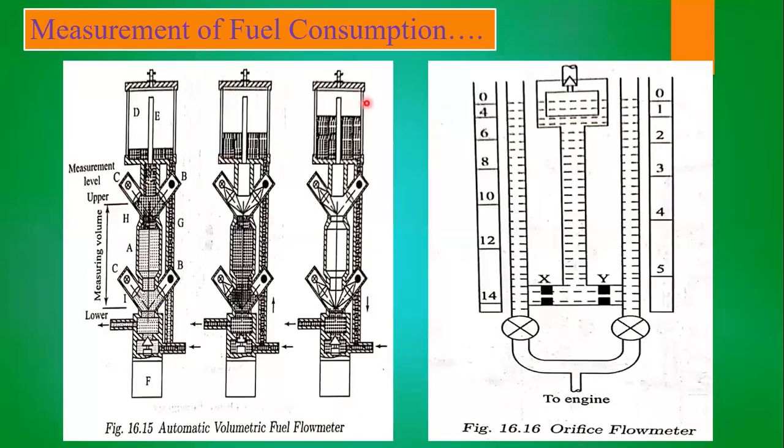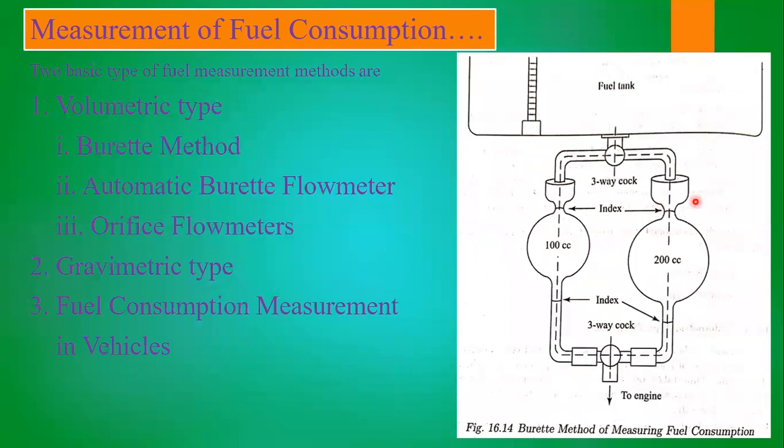Okay, next coming to the automatic volumetric fuel flow meter. This is one of the devices where there is no need for us to observe. In the burette case there may be some observation errors. We may start the timer after the start of the engine somewhat late, or we may start somewhat early.